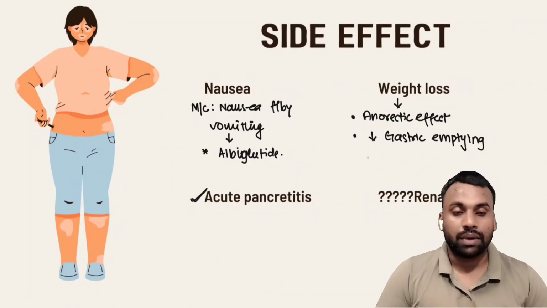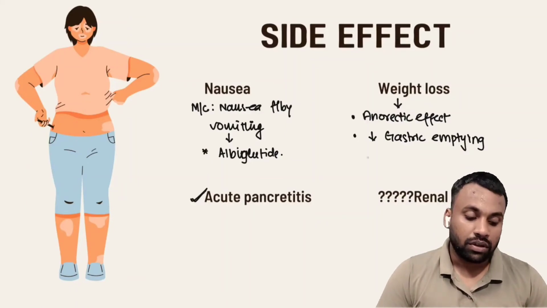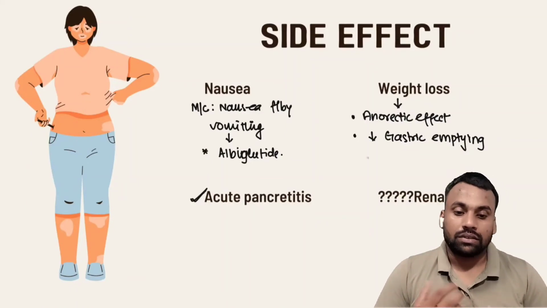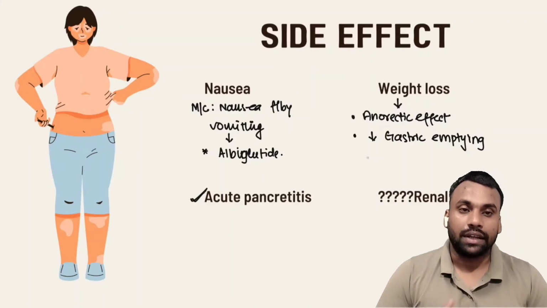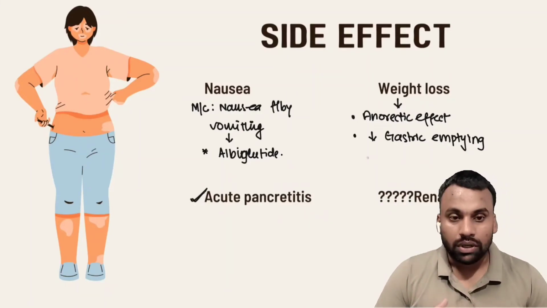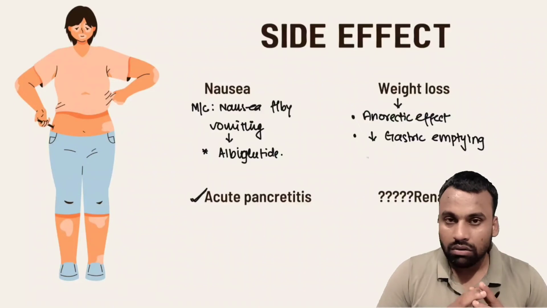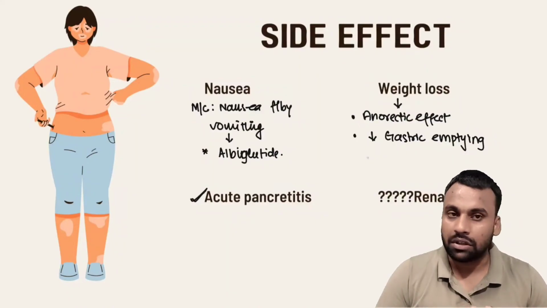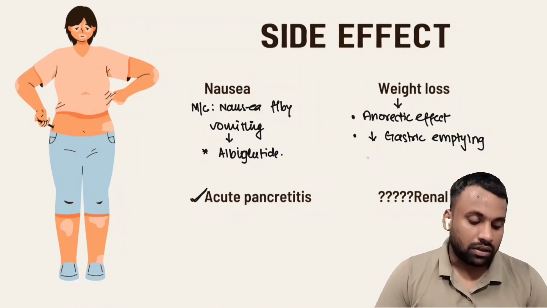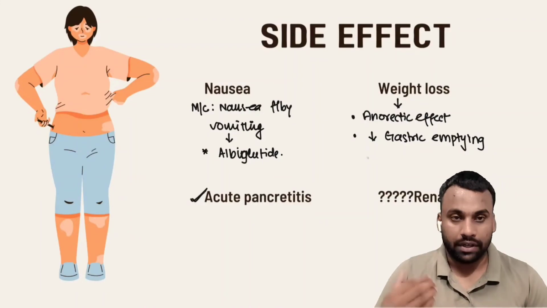Some of the drugs are mainly contraindicated in renal failure patients. Long-acting drugs like liraglutide do not require any adjustment in renal failure, whereas the exenatide dose should be reduced.